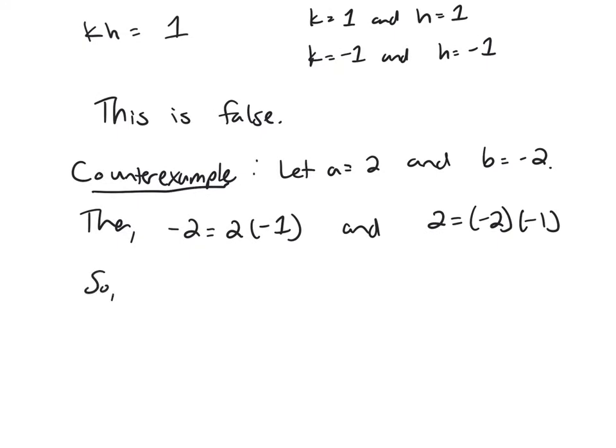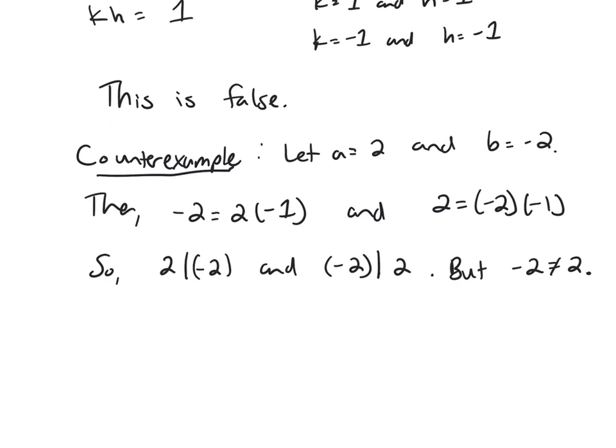So we have that 2 divides -2 and -2 divides 2, but they aren't equal. So there's our counterexample. So that statement was not true. So sometimes when you're trying to decide if it's true or false, try to start the proof like it was true and see, is the conclusion true or is it false?